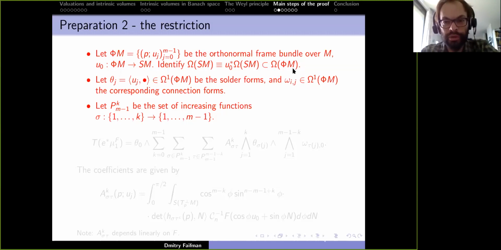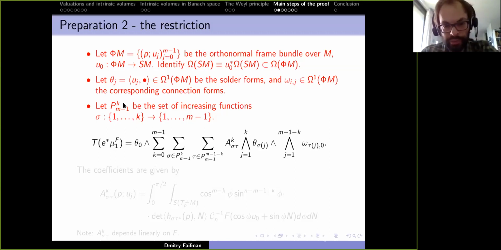Of course, once you have a form on the full bundle of frames, you should start thinking, does it represent a form on the sphere bundle or not, but it gives you flexibility. And on this frame bundle, you have a lot of standard forms. There is the whole Cartan apparatus. You have the solder forms, e_j, and the connection forms, omega_ij, and the curvature forms, which we don't need here.